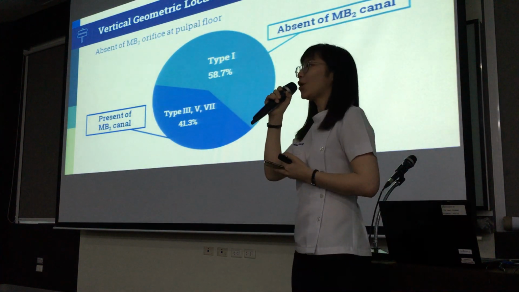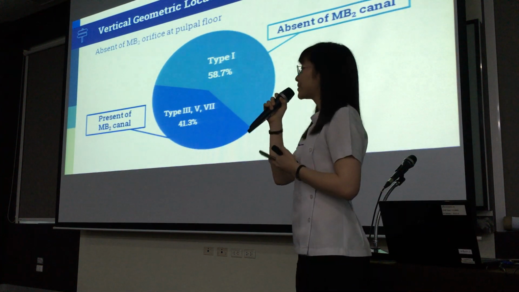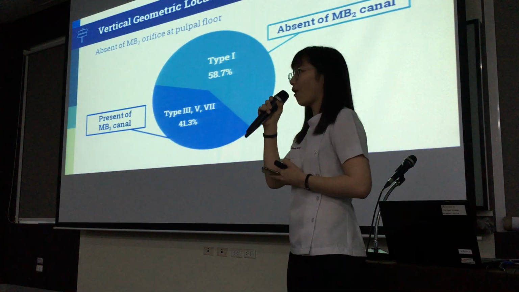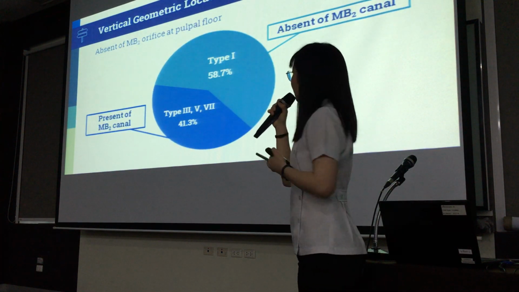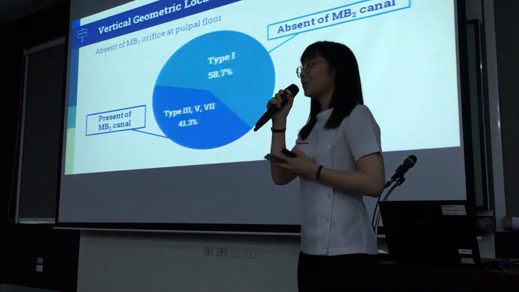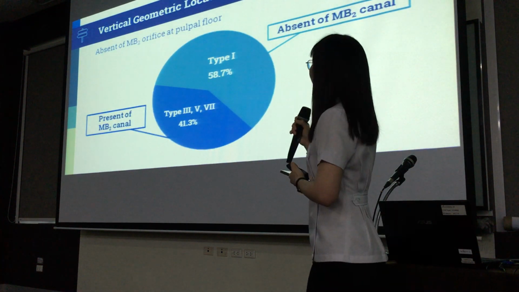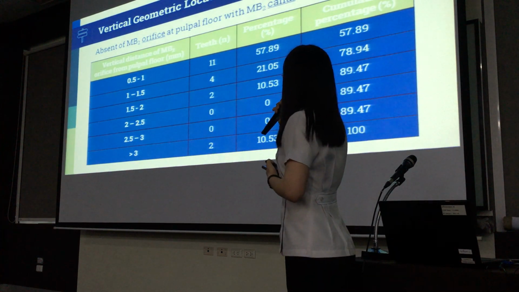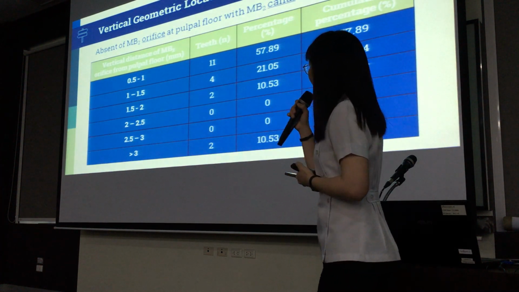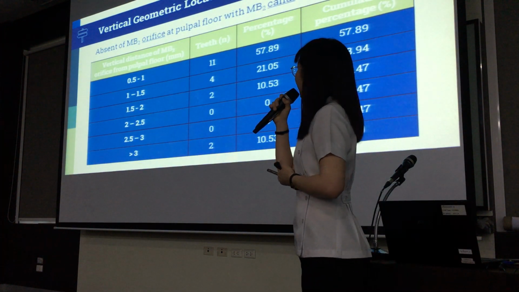For the vertical geometric location, in this case the teeth were absent MB2 at the pulpal floor, and 41% were found to have an MB2 canal separating from MB1 beneath the pulpal floor. For this group, about 58% were found within 1 mm beneath the pulpal floor level.